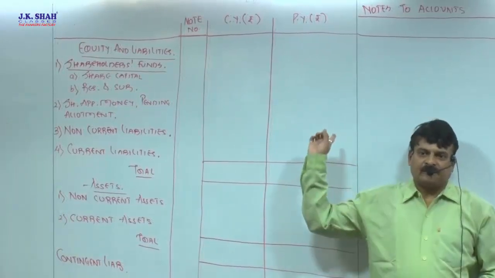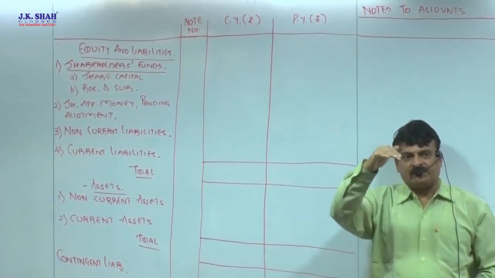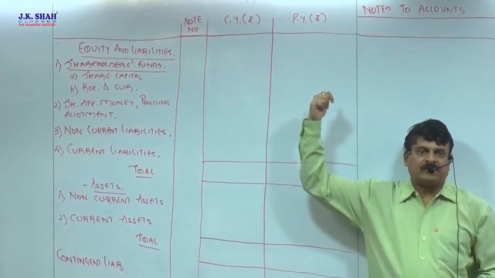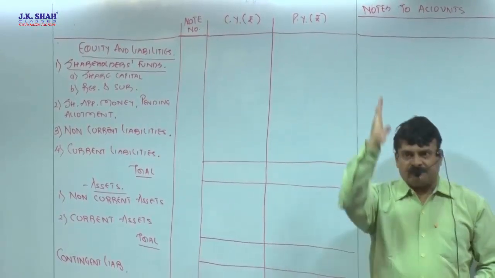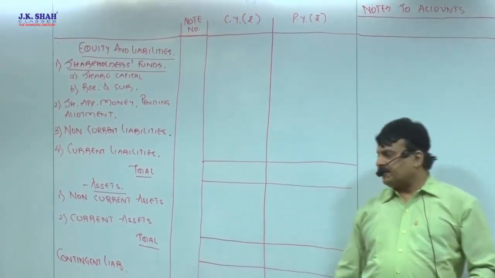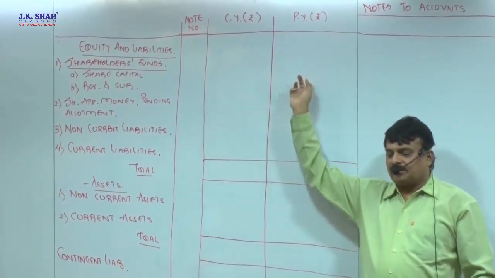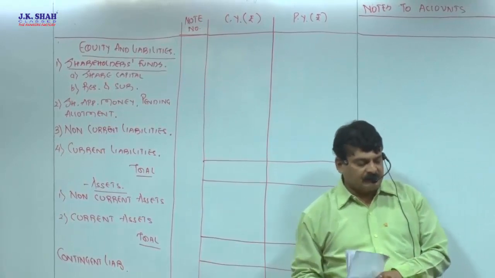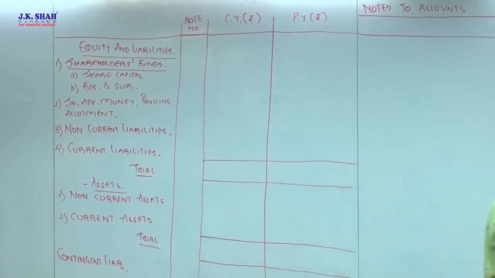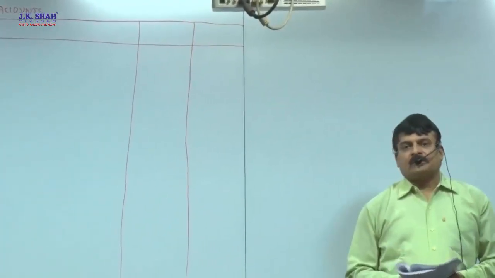You're not supposed to copy this. The format is there in your textbook also, which I am going line by line and you go on copying. This is not to be copied by you, okay? Ready with the pro forma? First column particulars, the second one, note number, current year rupees and previous year rupees. Ready all of you?